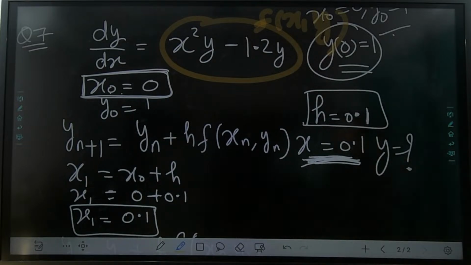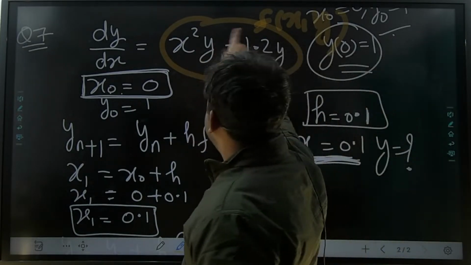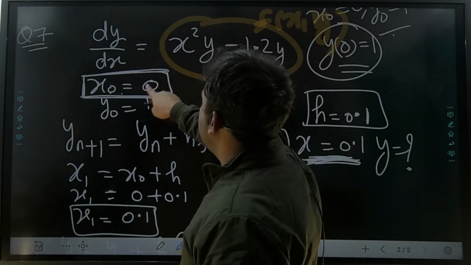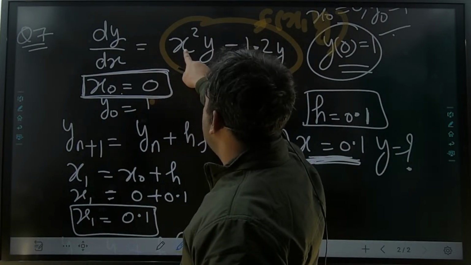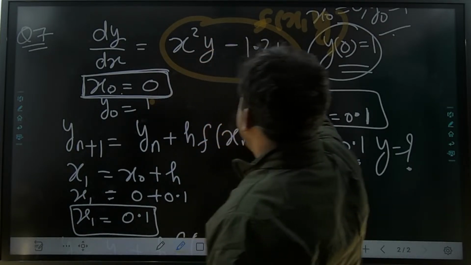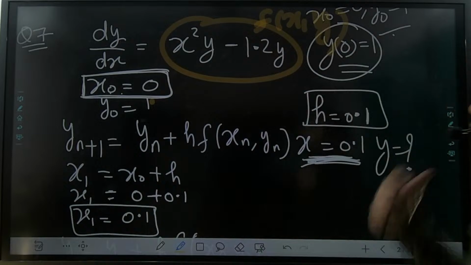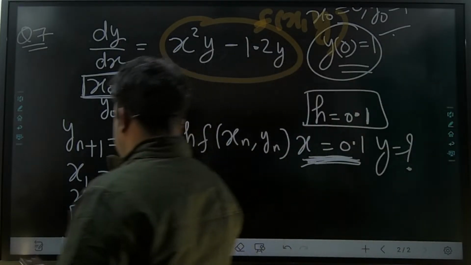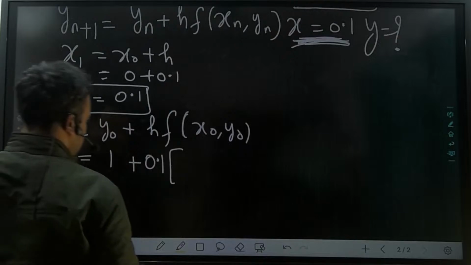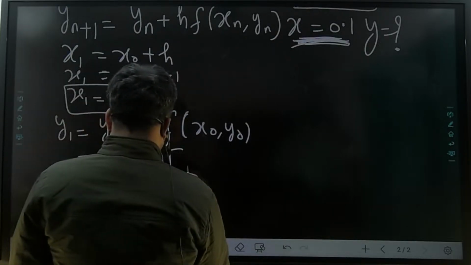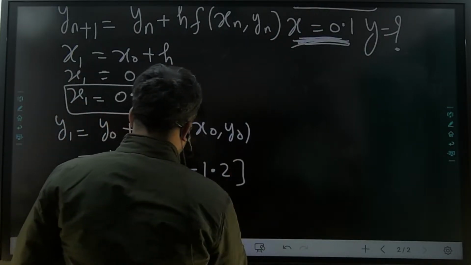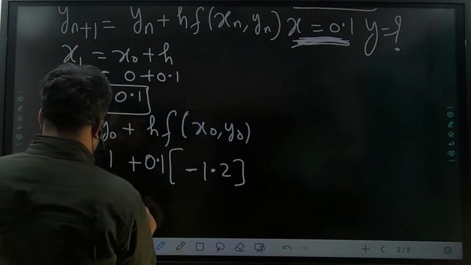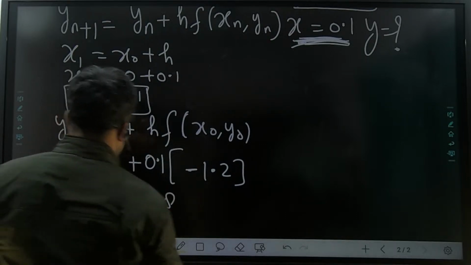So put this function value, calculate this function value at these two x and y. x is equal to 0, so this term goes off. y is equal to 1, so only minus 1.2 will be there. So this thing will come as minus 1.2, and if you solve this, you will get 0.88 as the answer.